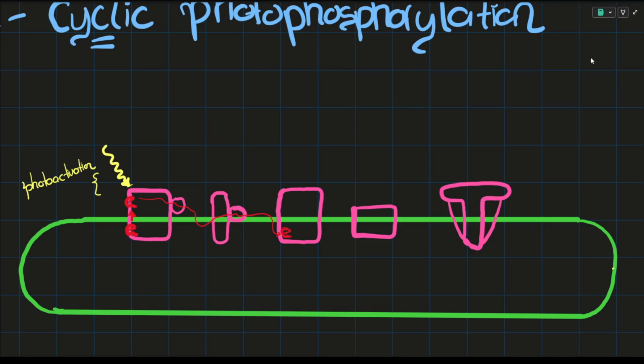Now, in this case, when this specific protein gets energy, this is capable of pumping protons, typically referred to as H plus ions, into the thylakoid lumen. This is a very similar scenario to what is happening in cellular respiration, where you have the proton pump.